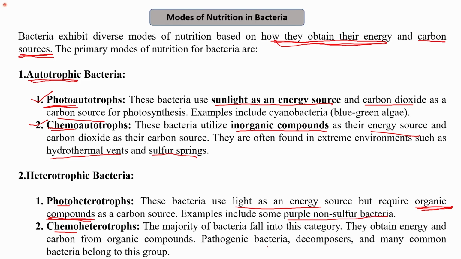While chemoheterotrophs, so most of the bacteria fall into the category of chemoheterotrophs. They obtain energy and carbon from organic compounds. So their source of energy is also organic compounds, while their source of carbon is also organic compounds. So pathogenic bacteria, decomposers, and also many other common bacteria belong to this group.